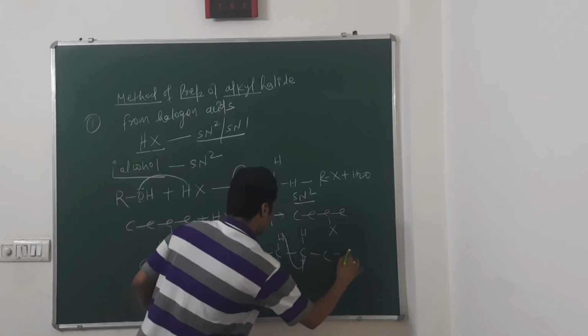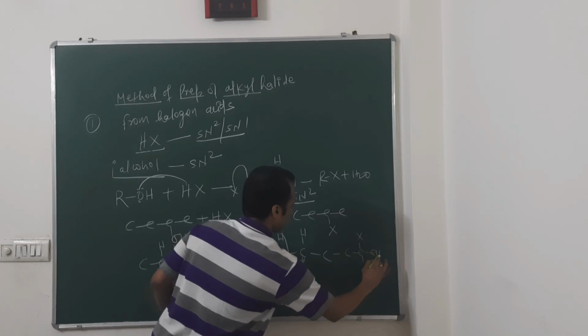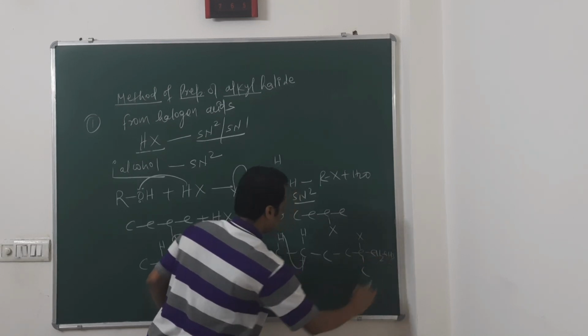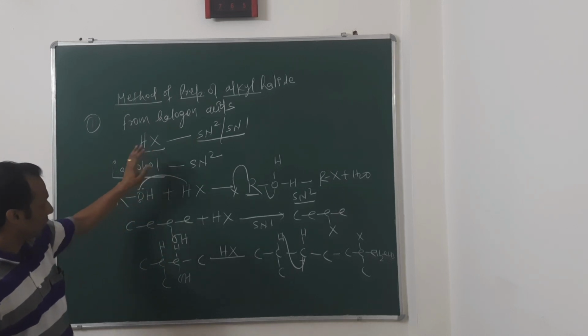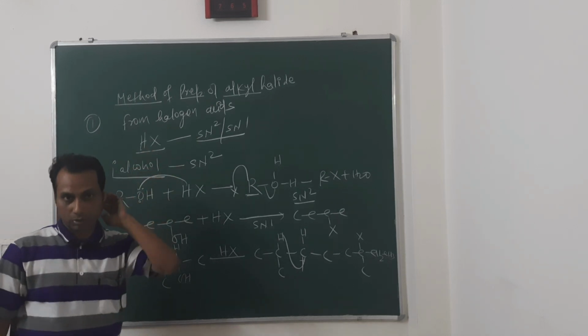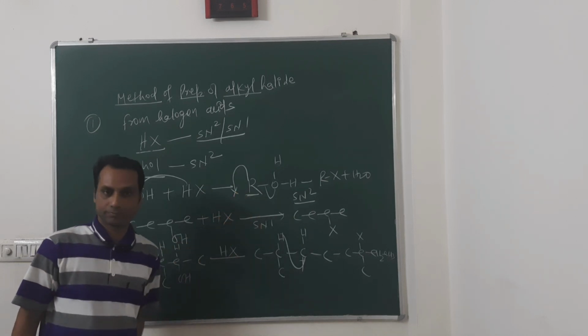So what will happen? The compound with X will form. So HX can follow the SN2 or SN1 path. It totally depends on the structure of the alkyl group.